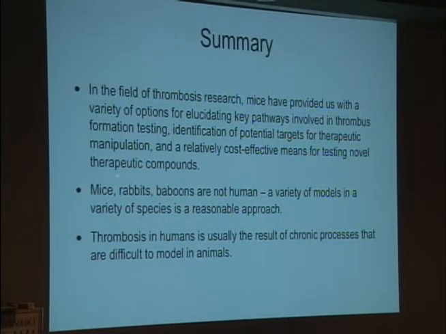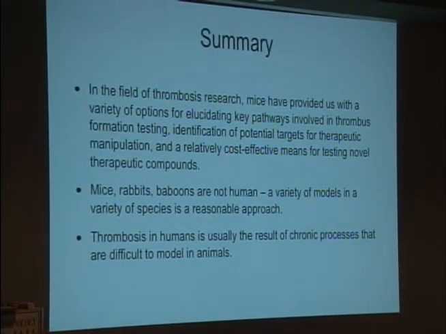Regardless of how many models we use, the issue of taking that preclinical data and trying to make a determination on what's going to work when we take it to clinical, these big, expensive clinical trials, is something that keeps executives at pharmaceutical companies up at night. While we can make these animals have a thrombotic event, what we're doing in essence is creating a thrombus in a blood vessel that never would have done it on its own because they were healthy to begin with.